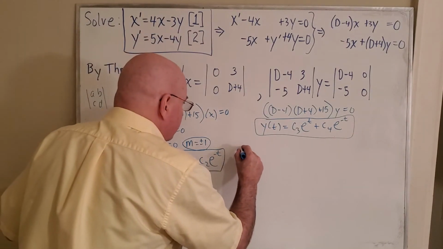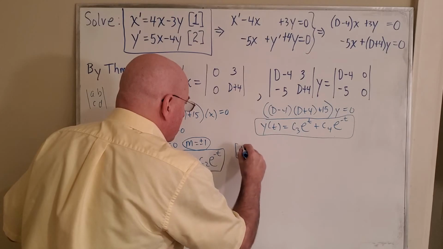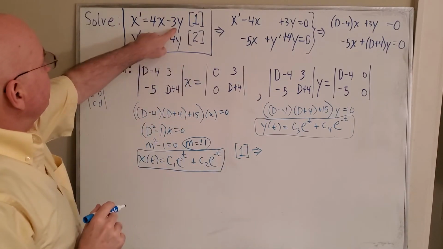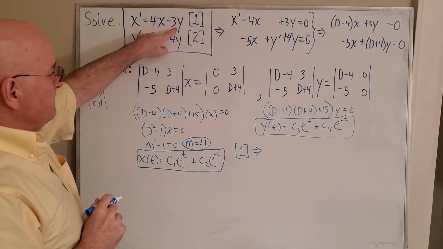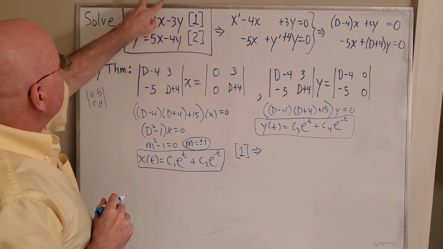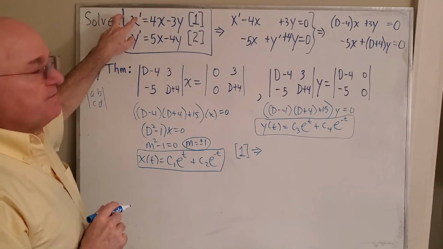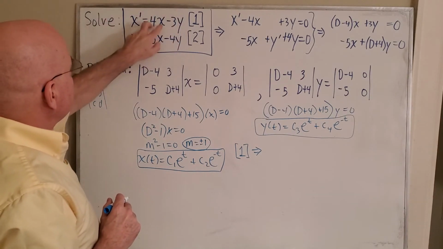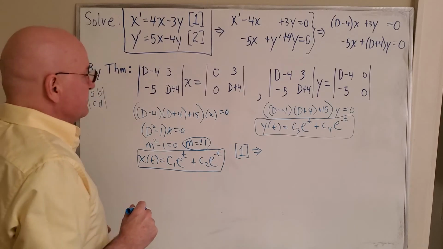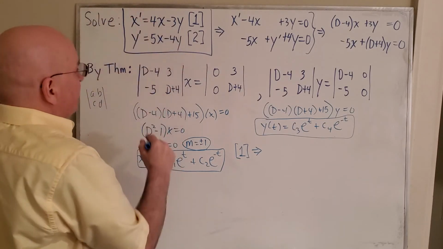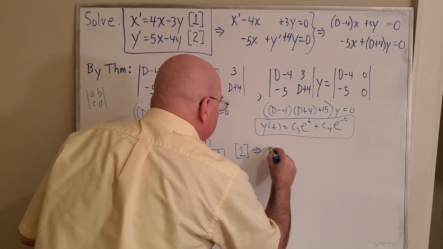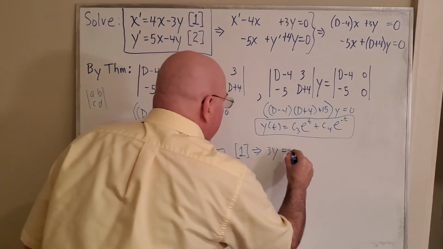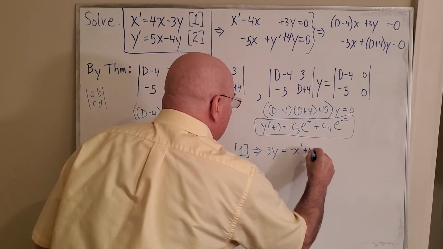Equation number 1, if I solve that for y, let's see, I'm going to add 3y to both sides to make it positive. So I'm going to get the 3y over here equals negative x prime plus 4x. I'm just rearranging that. So 3y equals negative x prime plus 4x.